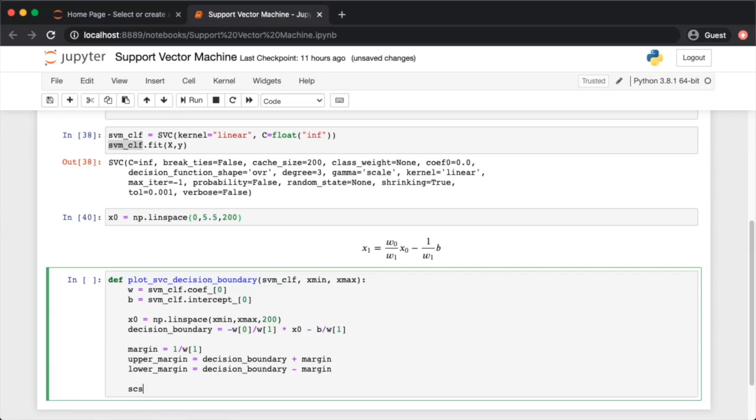Now let's take the support vectors, that are svm_clf dot support vectors.